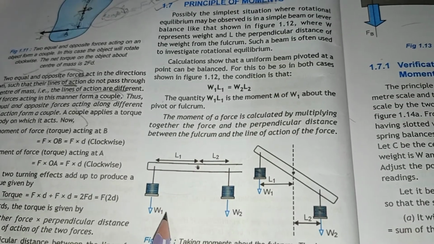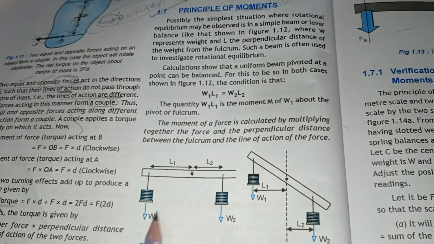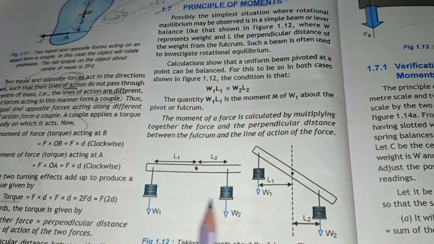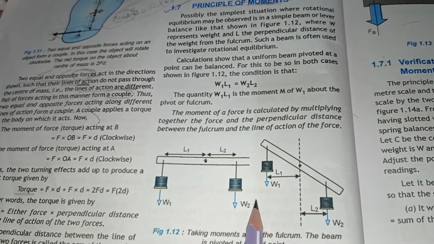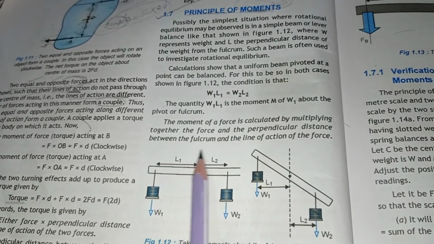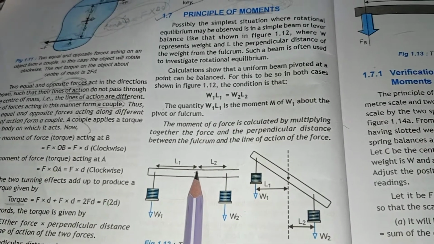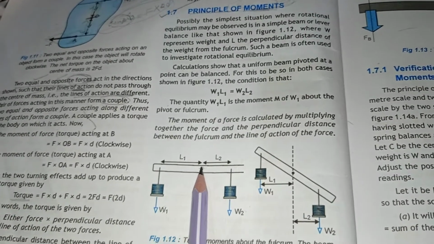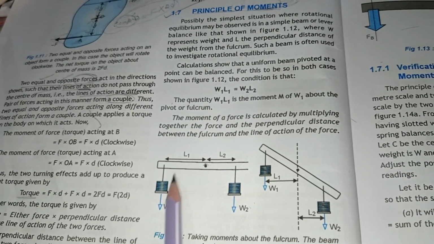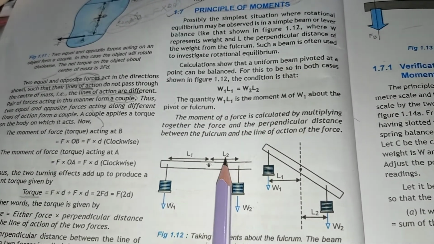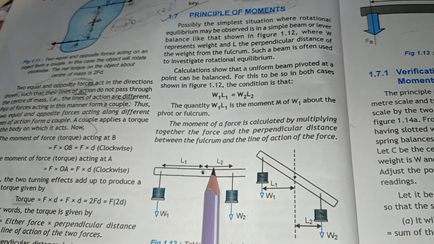What are W1, W2, L1 and L2? Basically, W is the weight. Here are two weights, W1 and W2. L represents the distance of the weight from the pivot, the center of gravity. L1 is the distance of W1 from the center of gravity and L2 is the distance of W2 from the center of gravity.